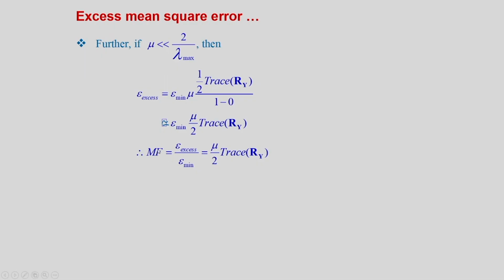So, that way the misadjustment factor will be now mu by 2 into trace of Ry. This is the misadjustment factor for the LMS filter.